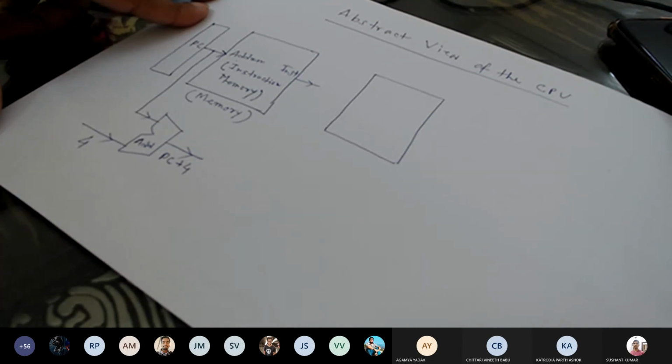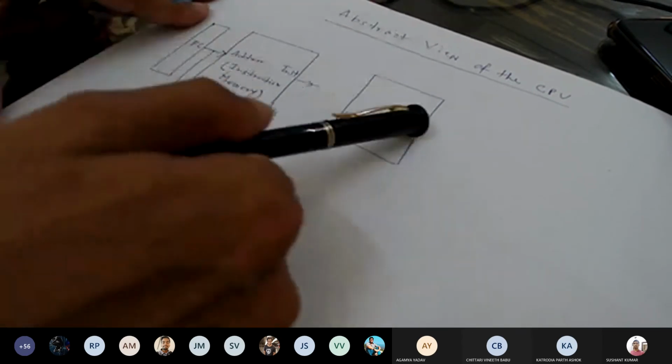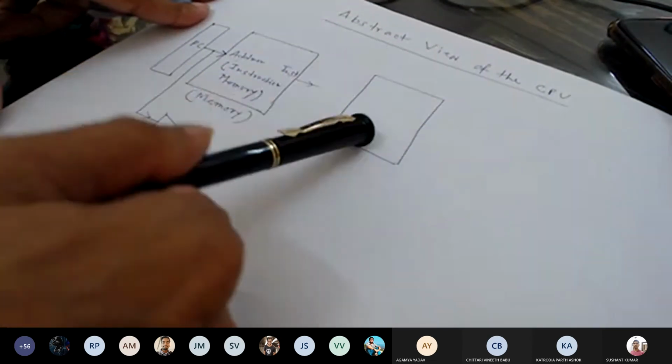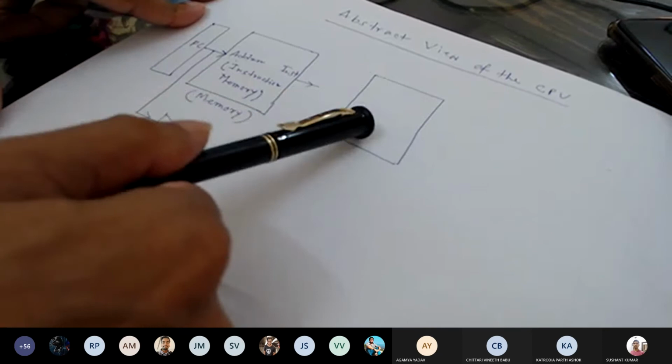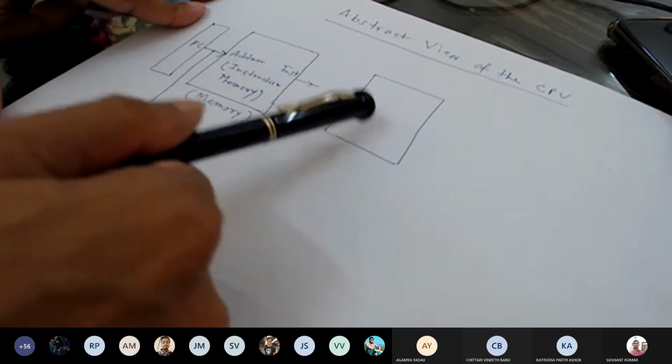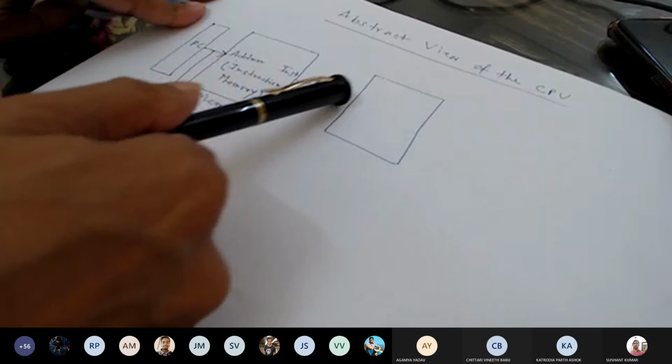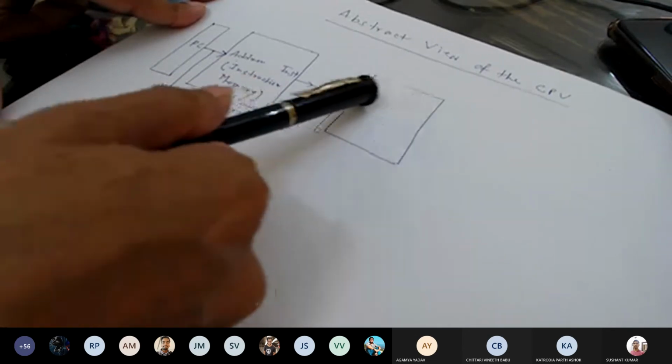From where will it get the values? The operands, where do you get the operands? So what if I put a logical block like this, what can this logical block be? Anyone? Any guess?